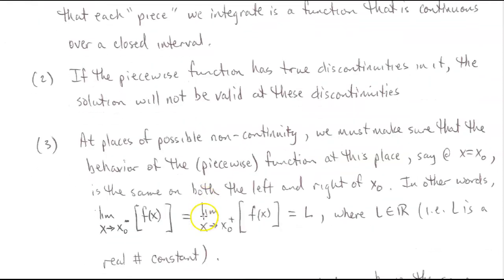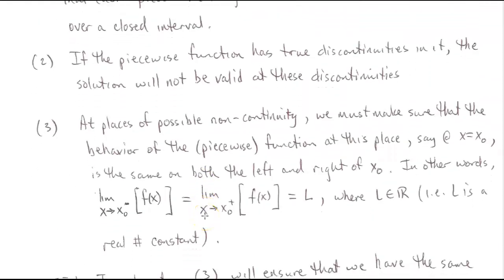Okay. Number 3, at the places of possible non-continuity, and I say possible because we could have some situations where the functions kind of trade off each other. Let's say you'll have a situation like this. And of course, where I'm drawing this point here, we may consider that to be a corner. We know that the derivative of a function is not defined at a corner, but it still is continuous.